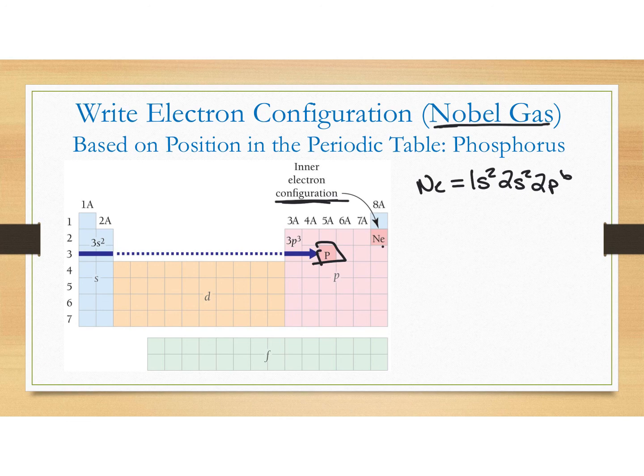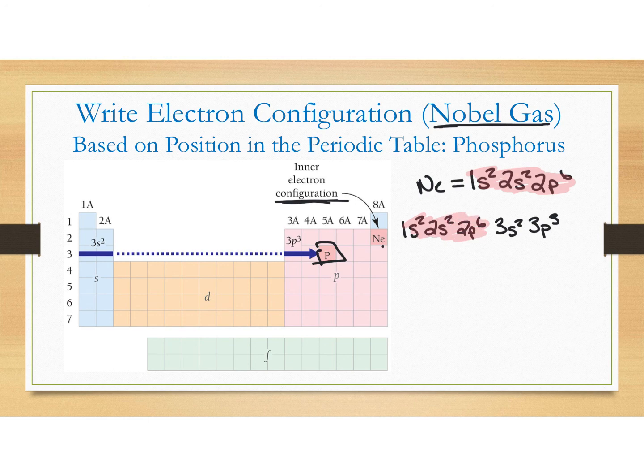If I looked at phosphorus, phosphorus would be 1s2, 2s2, 2p6, 3s2, 3p3. What am I going to do? To write this in noble gas configuration, I am going to want to replace the 1s2, 2s2, 2p6 in this part of the electron configuration with what?